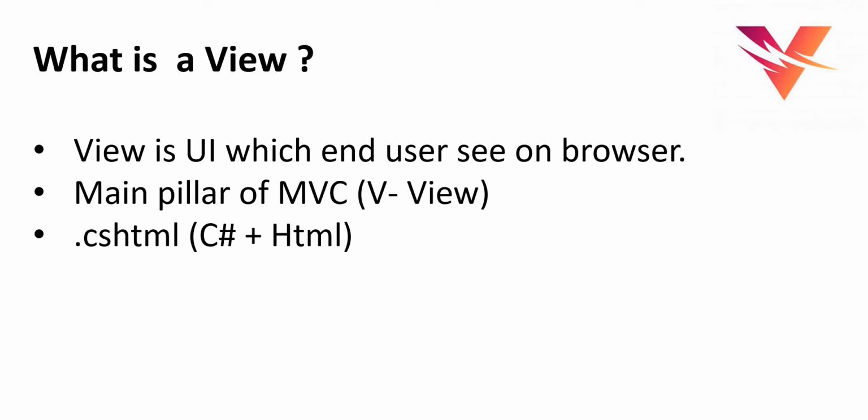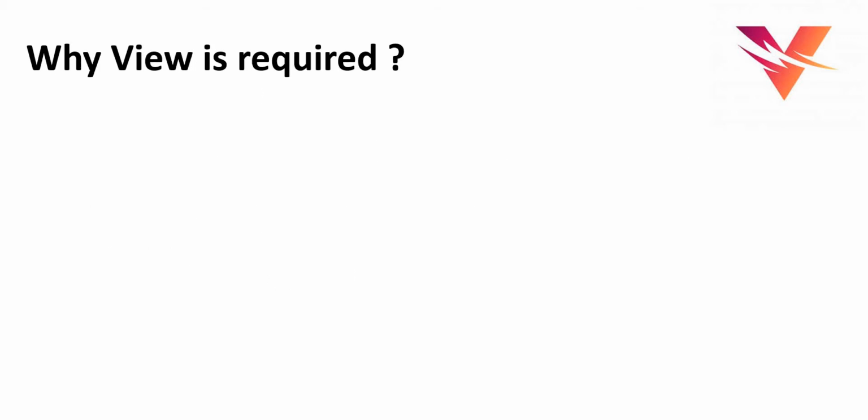Whenever we add a view in our application, the extension of the view is .cshtml. That means we can write both C Sharp code and HTML code, right? And view supports pure HTML language. We can write pure HTML.